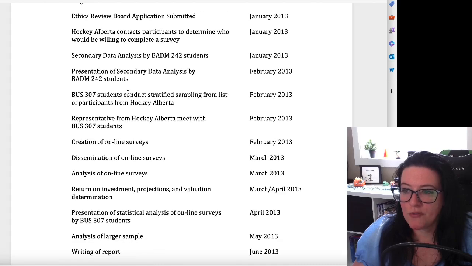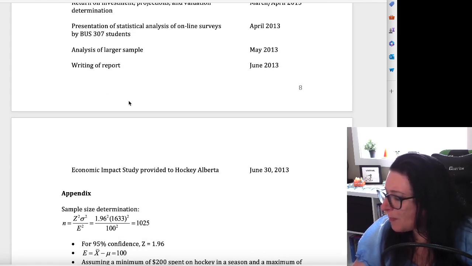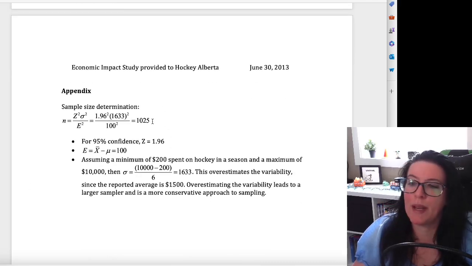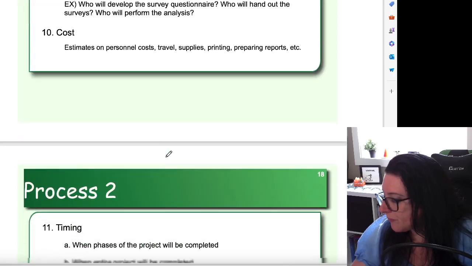So when will each of these deliverables be met? And then your appendix can have things like determination of the appropriate sample size, or any additional comments or information that you feel is useful to explain what you're doing or the impact it will have on the organization.